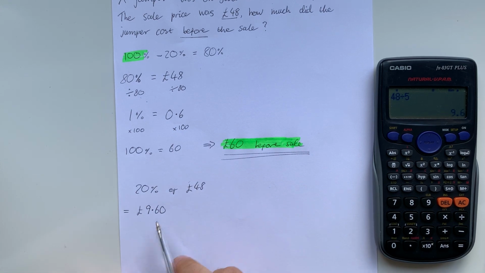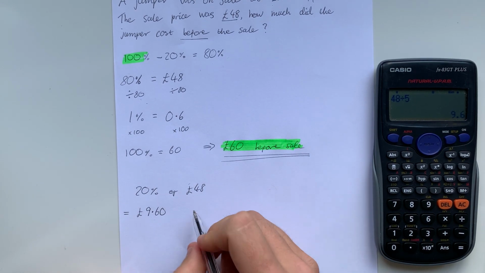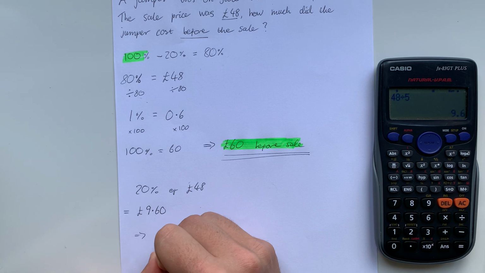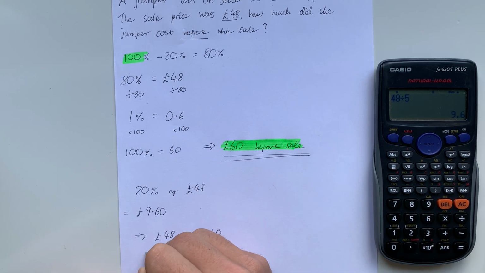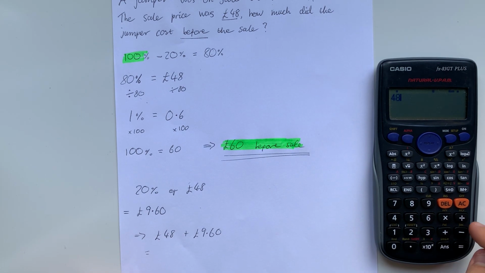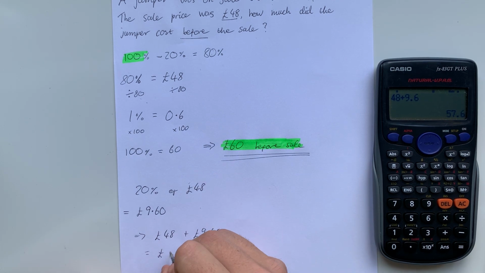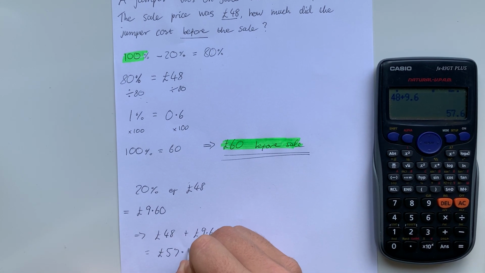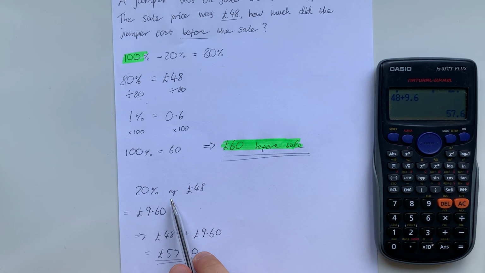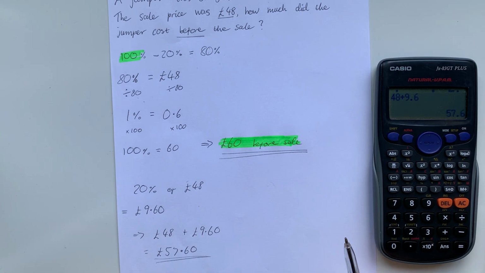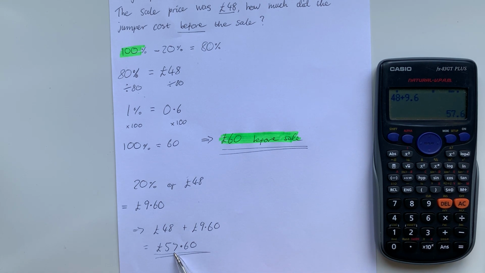And if you add that back onto that, £48 plus £9.60 equals 57.6, or in other words, £57.60. Well, that just isn't correct. Okay, the jumper, so essentially if you just try and add 20% back on, you're trying to tell me that the jumper cost £57.60 before.